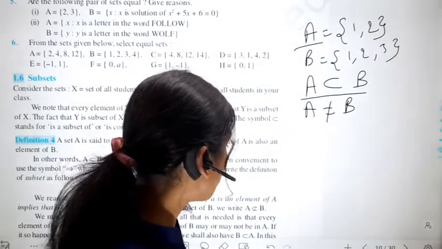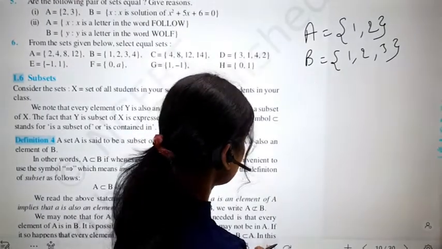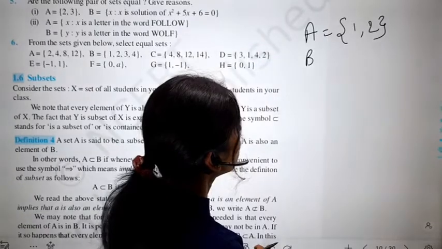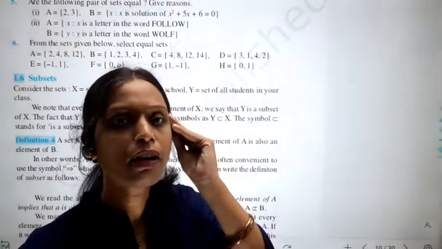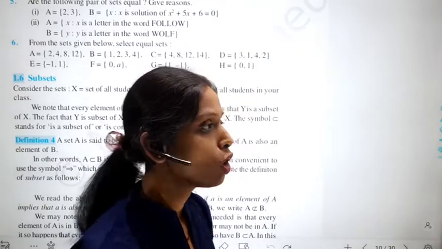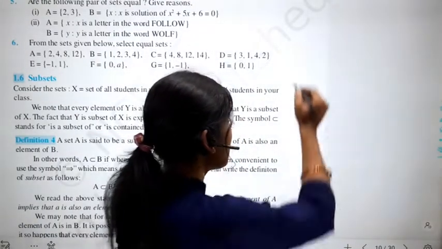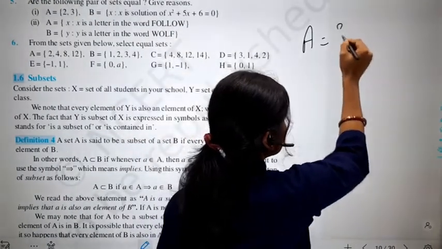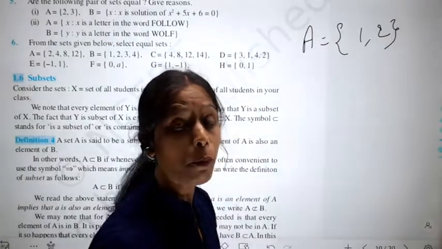Okay. Now my next one is the power set. Actually, what is the power set? The power set is the collection of all those subsets of that set. Like you can see here, 1 and 2. Then what would be the power set?